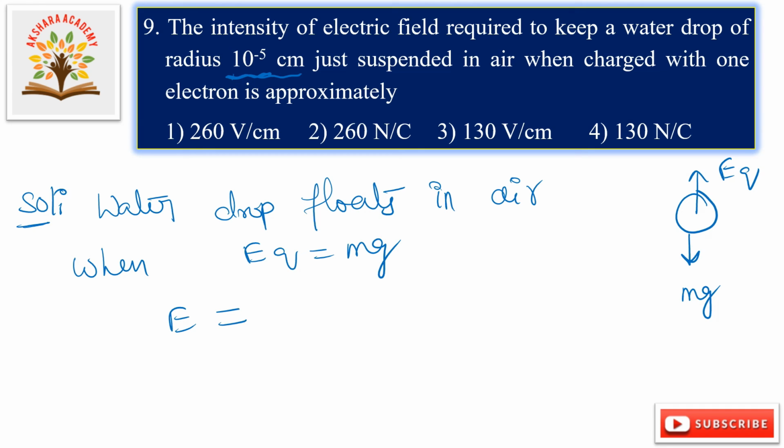Now electric field E is equals to mg by q, that is equals to rho w into v into g by e.